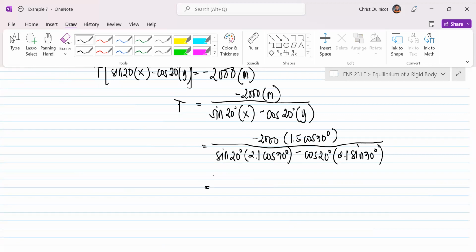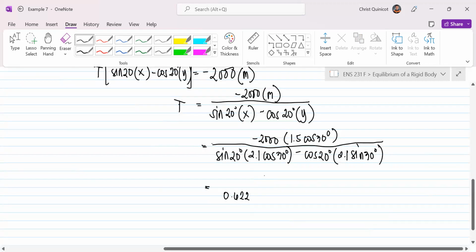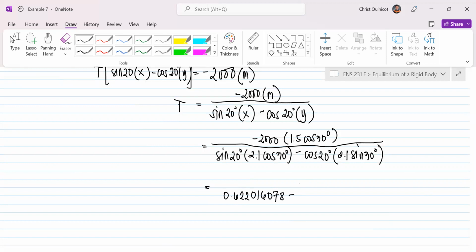Okay, so if we solve this one, 2.1 cosine 30 times sine 20 should give us 0.622016078 minus 2.1 sine 30, which is 1.05, times cosine 20, which is 0.986667251.